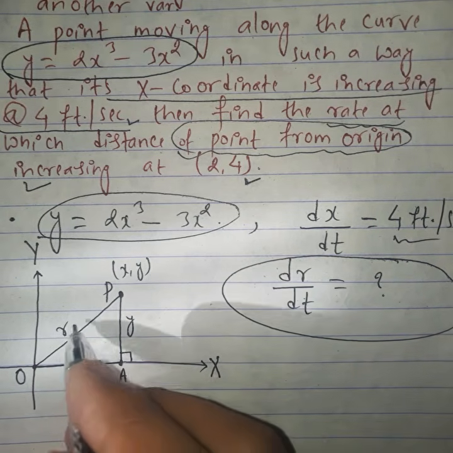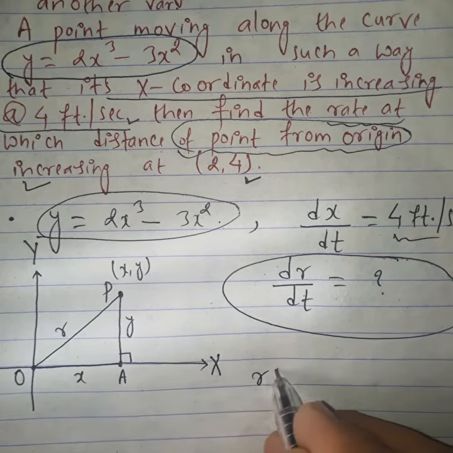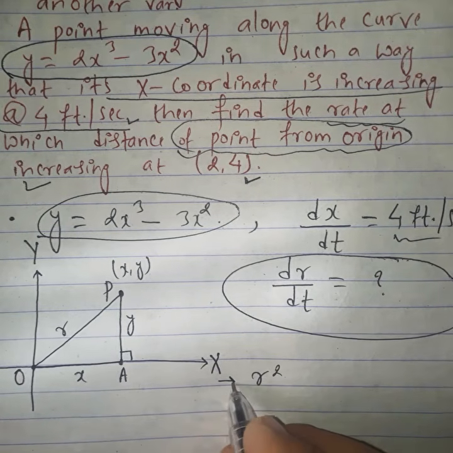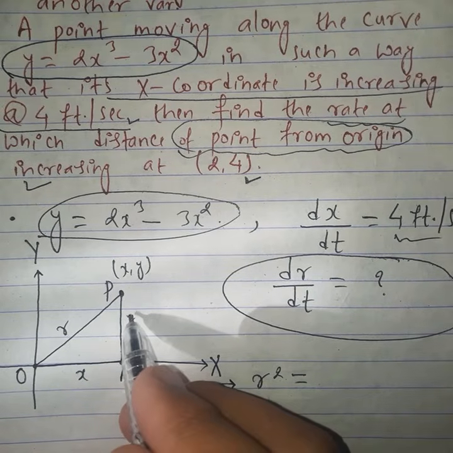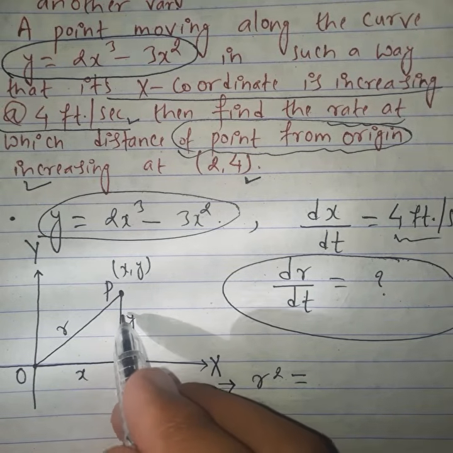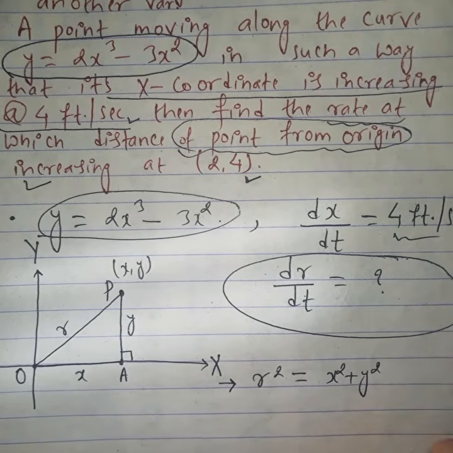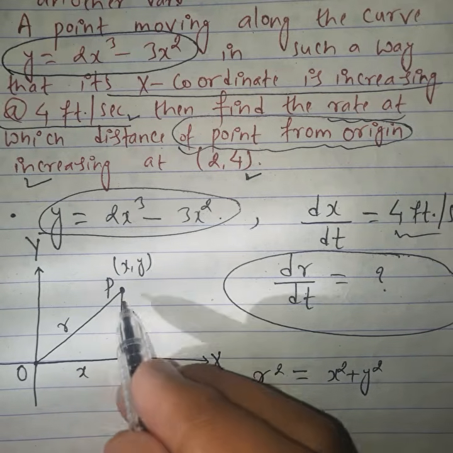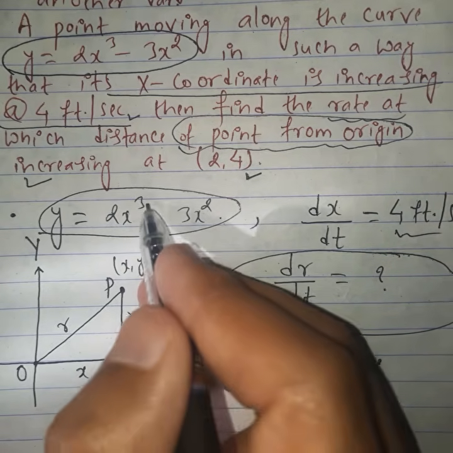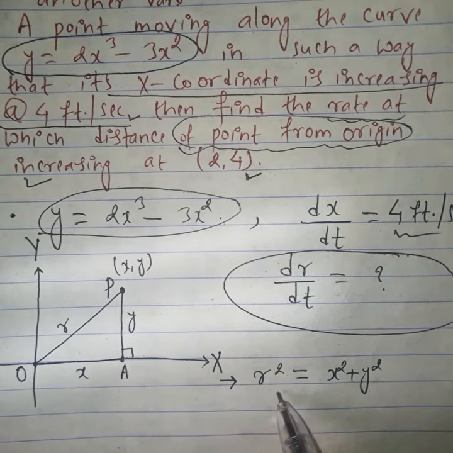According to the Pythagoras theorem, the square of the hypotenuse, here the hypotenuse is r, is the same as the sum of the squares of the remaining sides of the right angle triangle. Here the other sides give x square plus y square. Every point on this curve can be written in this format.